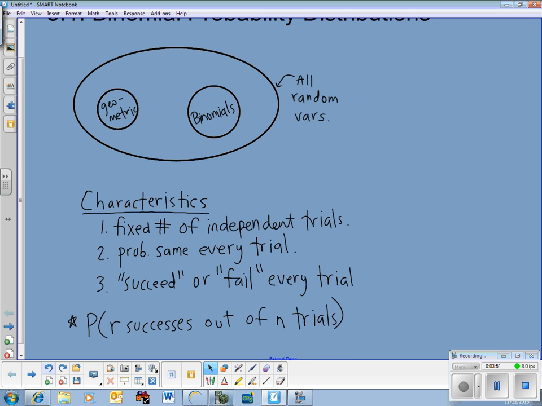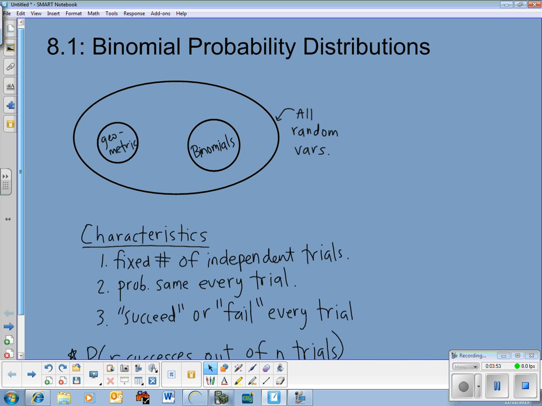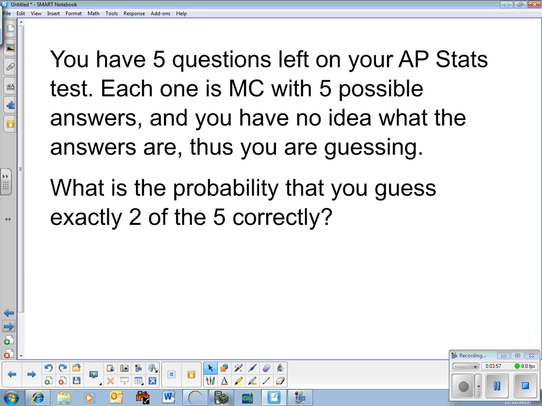All right, so let's go on to how we figure out these probabilities. We'll use this as our example. If you're going to answer 5 questions and get 2 of them right, that means you had to multiply the probabilities of getting it wrong, which is 4 out of 5 times. Here's one example, 4 out of 5.